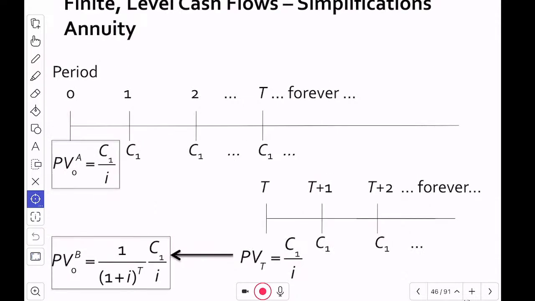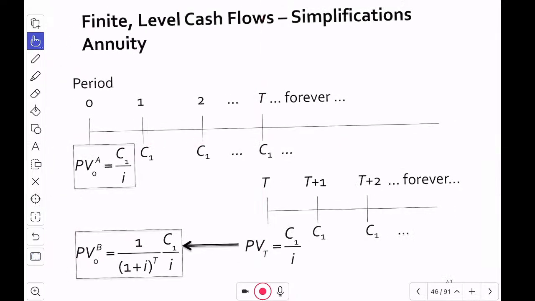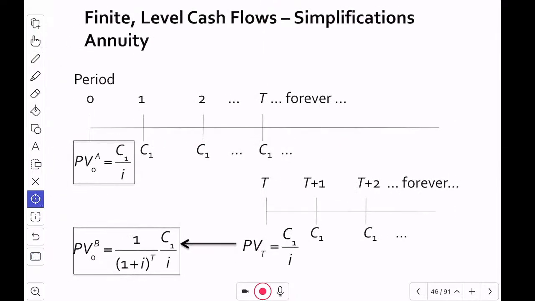So how do we figure this out? Just like I showed you in the modification, I'm going to take advantage of the fact that I know this is the perpetuity formula. So if it was a perpetuity, it would look like this.